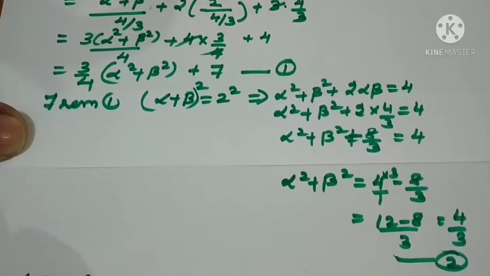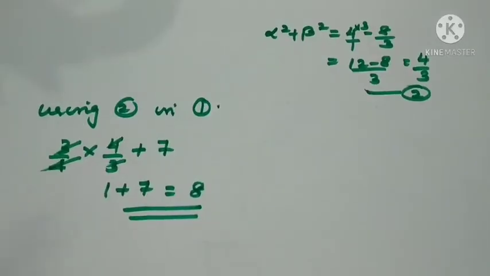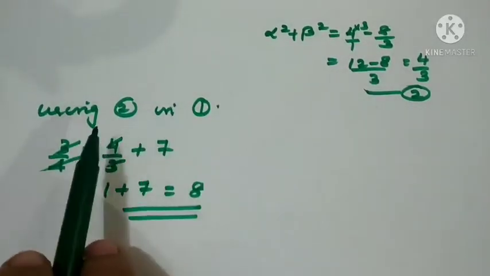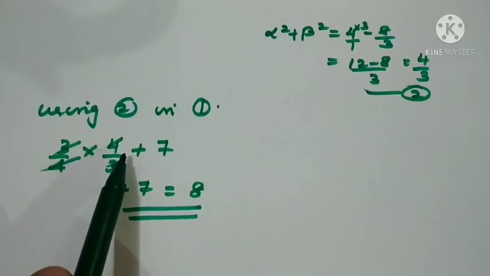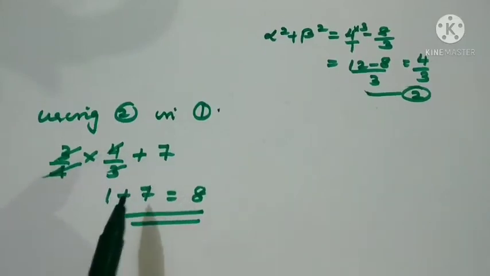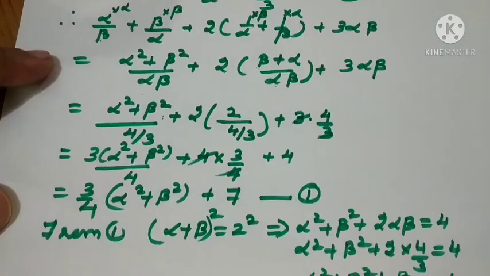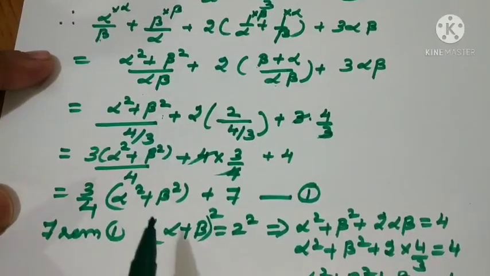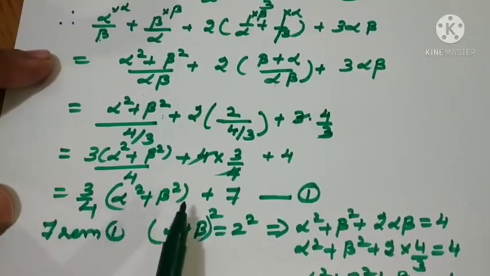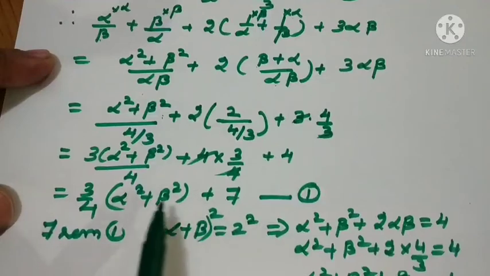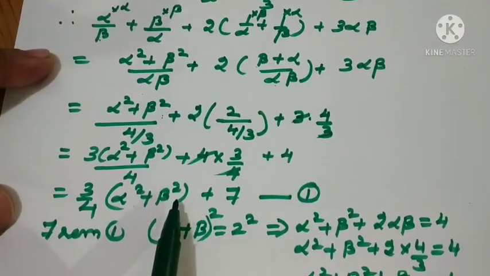Using 2 in 1. What is our first equation? I'll show once again the equation. See, 3 by 4 into alpha square plus beta square plus 7. Now we have calculated alpha square plus beta square as 4 by 3 only. That we will put in.